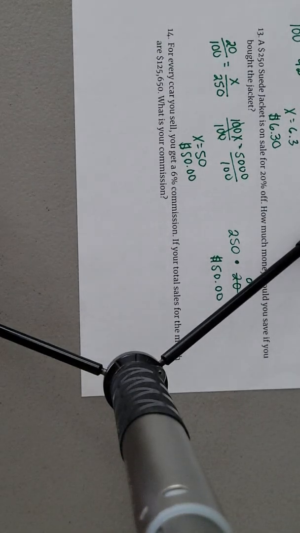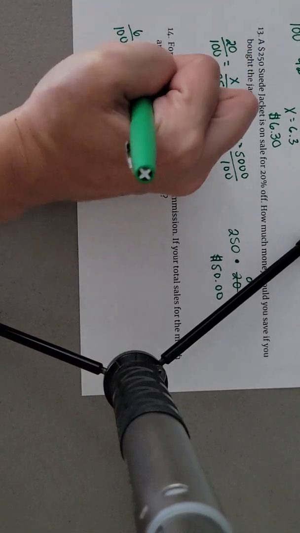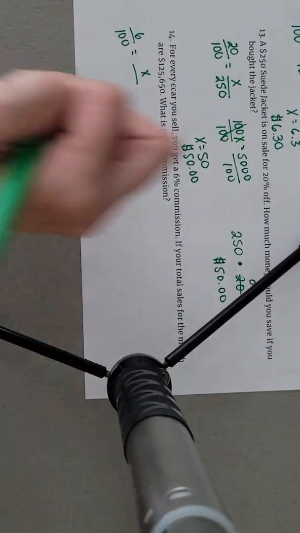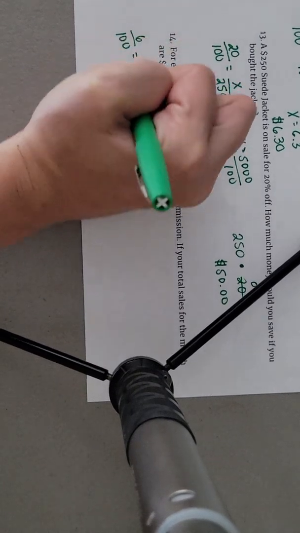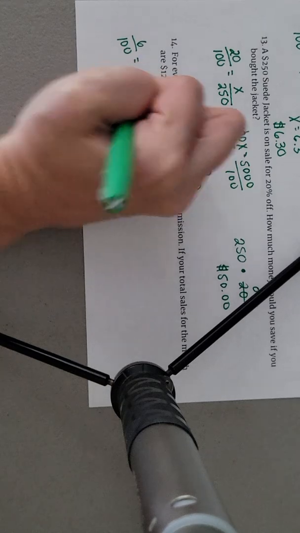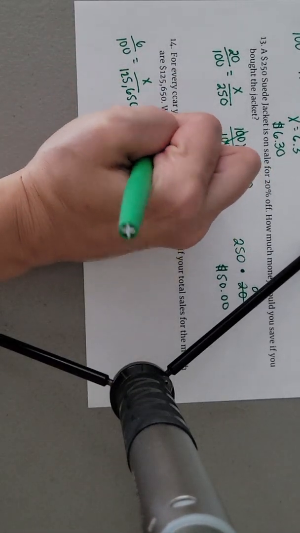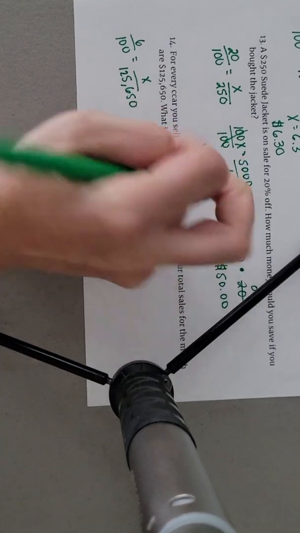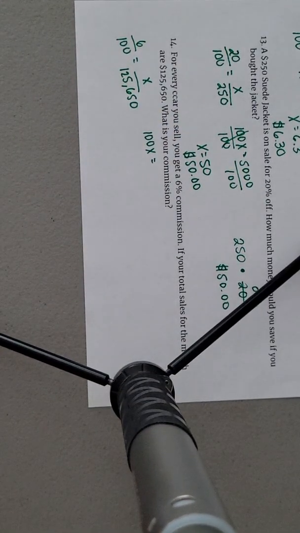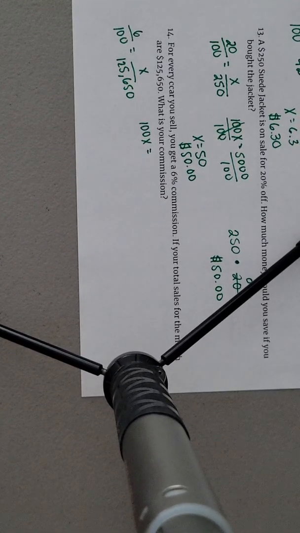All right, so it's set up the same way. 6%, so 6 over 100. We're trying to figure out what is 6% of the 100% original $125,650. We're going to cross multiply. 100 times x is 100x. 6 times that, let me consult my calculator. 125,650 times 6.